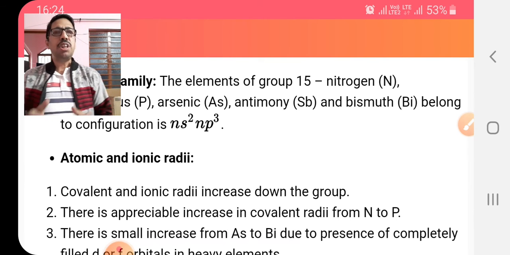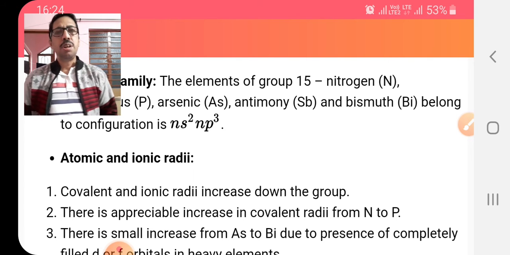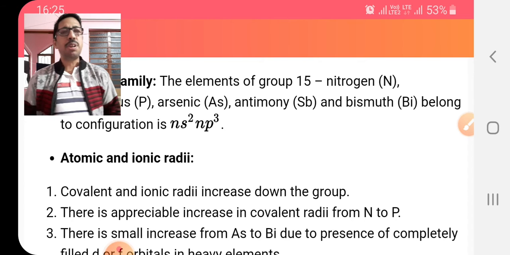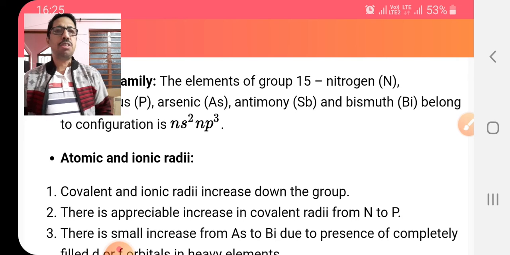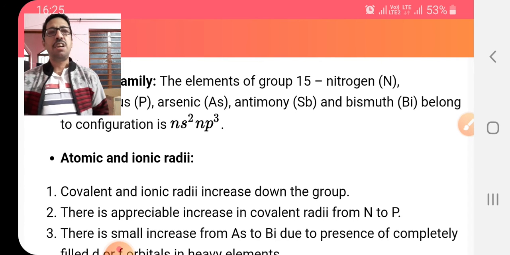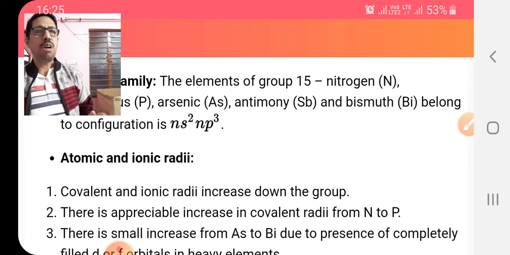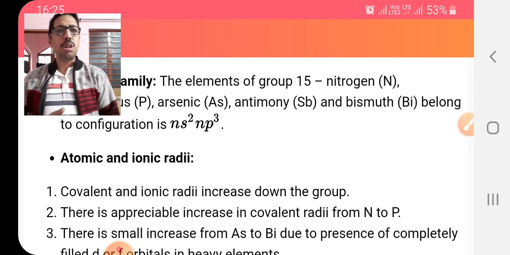Core electrons shield the valence electrons more effectively down the group, as a result of which the shielding effect gets maximized, due to which the effective nuclear charge decreases and the atomic and ionic radii go on increasing down the group. This principle is applicable for all the groups.